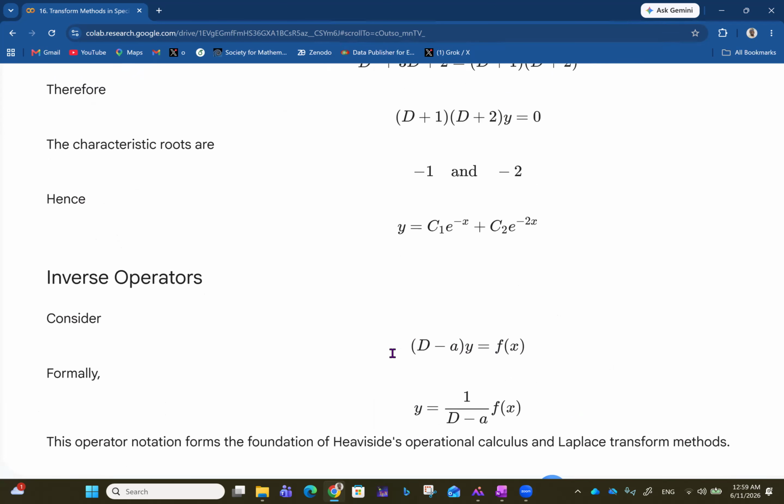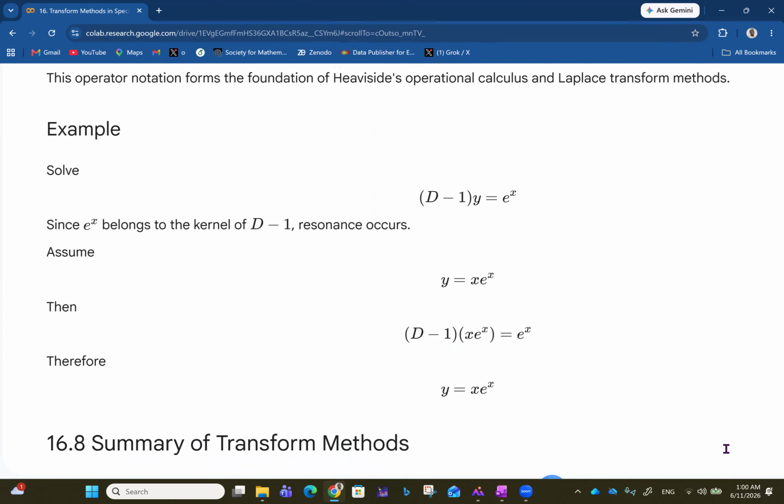Then you have the inverse operators. If you consider D minus a acting on y to be f of x, formally y is 1 over D minus a multiplied by f of x. This operator notation forms the foundation of Heaviside operational calculus and Laplace transform methods.